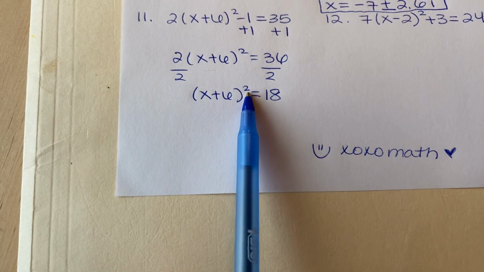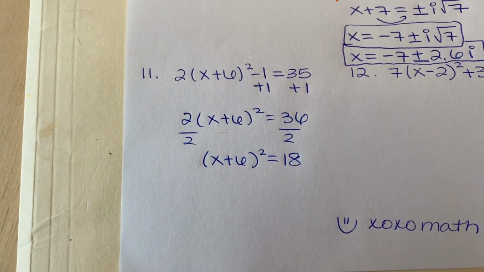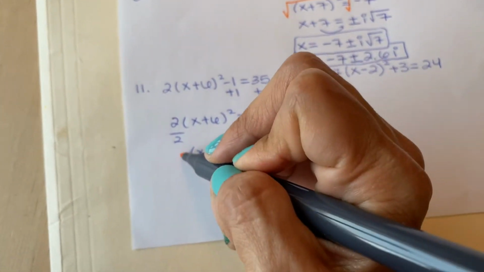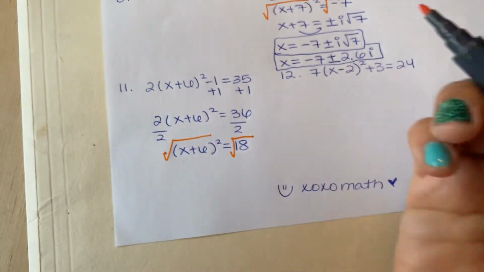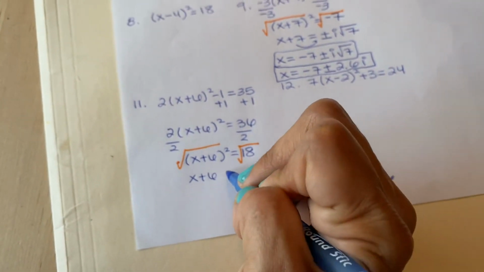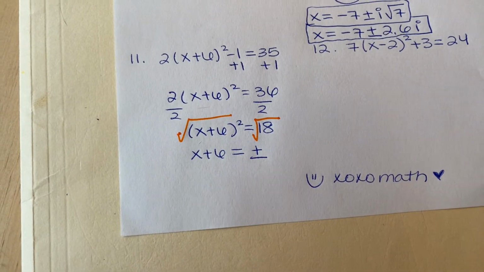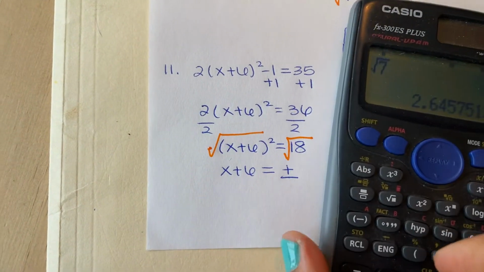You want just the square of whatever entity it's squaring. Now we're going to square root.